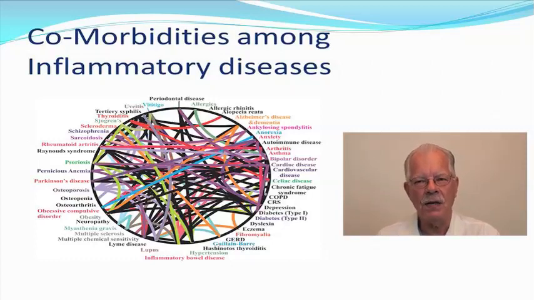If he studied one disease, like periodontal disease, what other diseases did these patients have? And in heart disease, what other diseases did these patients have, etc., all the way around the circle until he got done and the circle was just filled with lines of comorbidity relationships between all the different chronic inflammatory diseases. Kind of leads to the fact that they're all caused by the same thing.